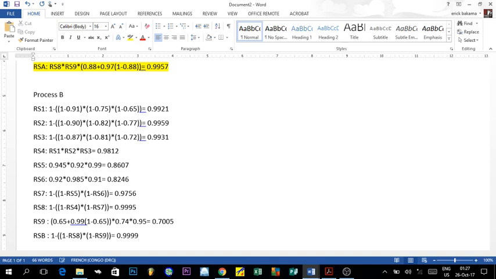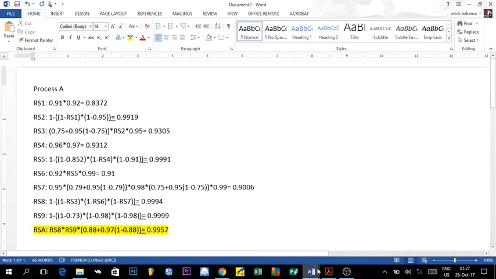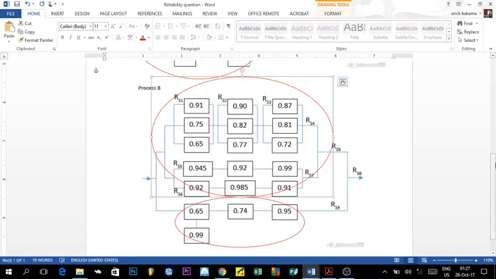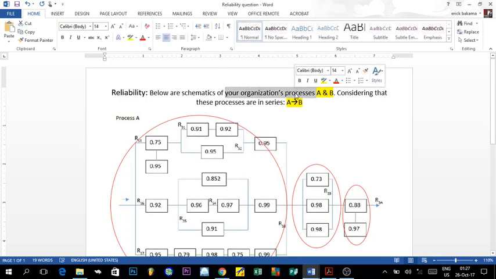But remember that we're not done yet, because this is only the reliability of system B. Now we need to find the reliability of this process, because according to the question, below is the schematic of your organization's process. The organization process includes A and B in series.